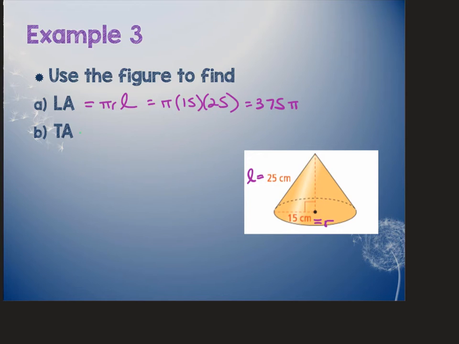The total area is the lateral area plus pi r squared, or pi r L plus pi r squared, same thing. The lateral area is 375 pi plus pi times 15 squared. 15 squared is 225 pi. Add the 375 and the 225 and you get 600 pi.